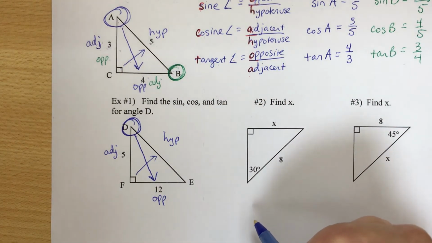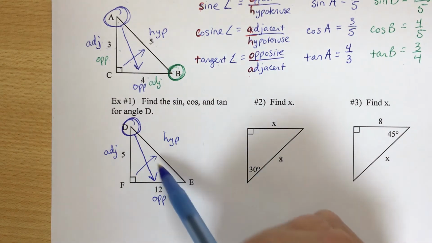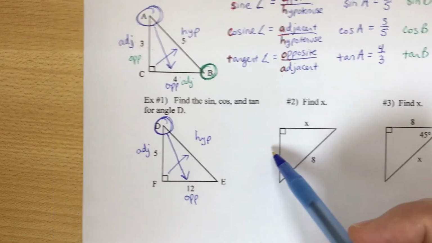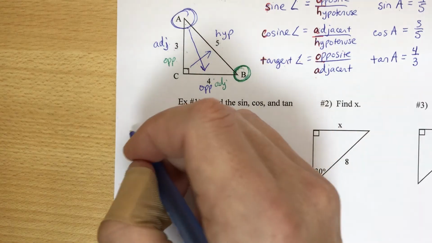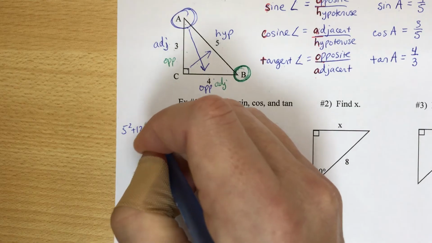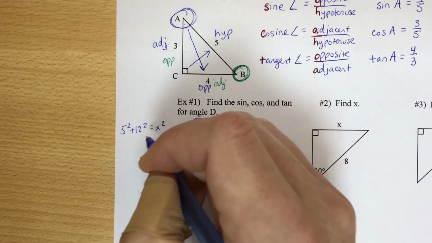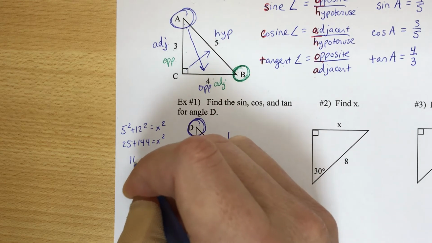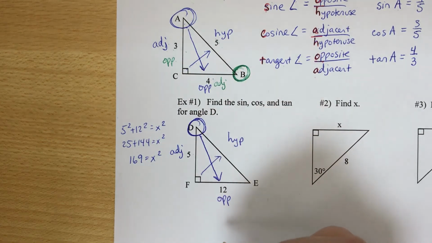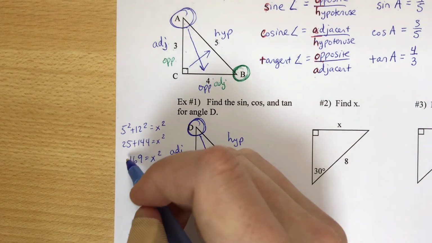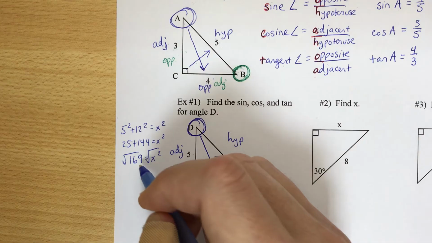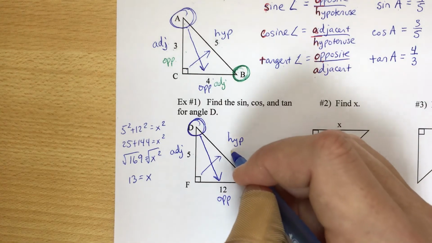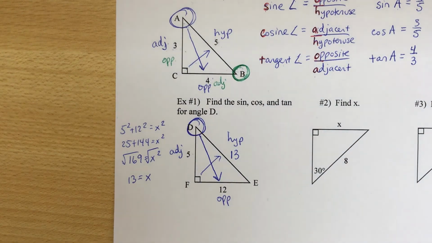Don't forget, in a right triangle, if you're looking for lengths, you can always do a squared plus b squared equals c squared, Pythagorean theorem. So that's what I'm going to do on the side here. 5 squared plus 12 squared equals x squared, and this would be 25 plus 144, which is 169. And then to undo a square, we have to take the square root of both sides. That's actually a perfect square, it's 13. So the hypotenuse is 13.